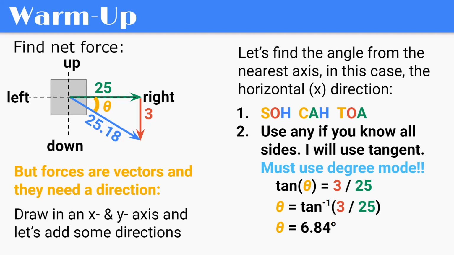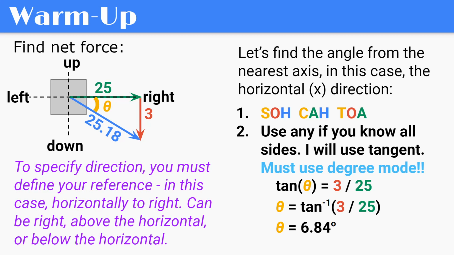So we're not quite finished yet, because 6.84 degrees doesn't mean anything if I don't specify what I'm measuring from. 6.84 degrees from what? I can see it in the picture, but we are going to want to make sure we write it in our answer as well. To specify direction, you must define your reference. What am I measuring from? In this case, I'm measuring from this horizontal to the right.